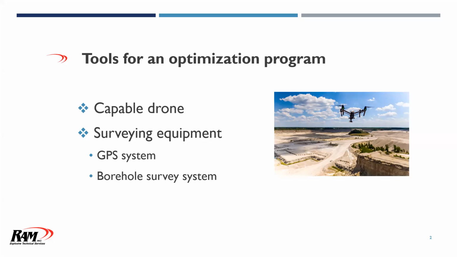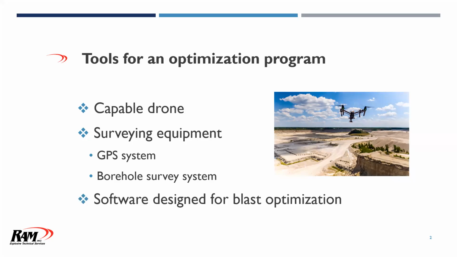And for those of you that joined our last presentation, we got into quite a bit of detail about minimum burdens and how those are captured and how they're presented and how important and effective it is for the blaster to have that.